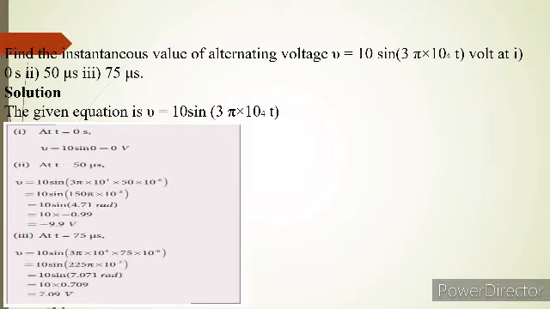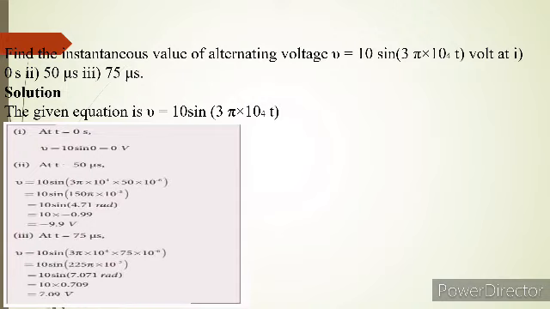Next, let us take one more example: find the instantaneous value of the alternating voltage V equals 10 sine omega t, where omega is given as 3 pi into 10 power 4 t volts.